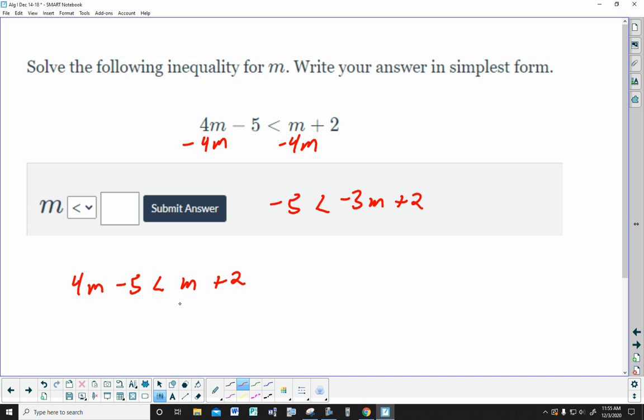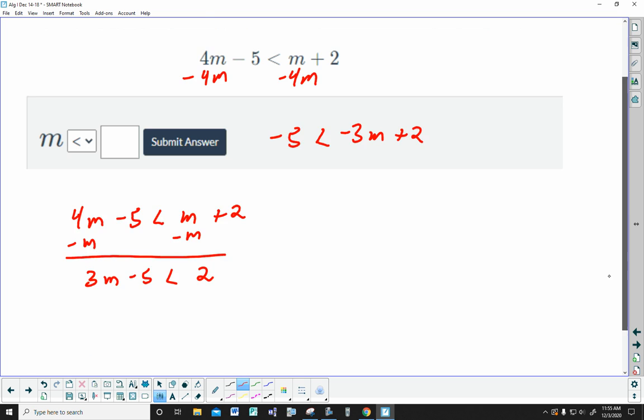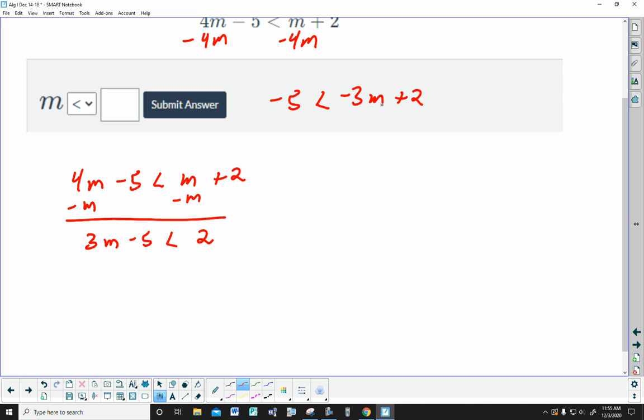This is 1m. If I subtract that m from both sides, I end up with a positive coefficient, so I don't have to flip the inequality. It's not wrong doing that, but I think it's easier if you don't have to worry about flipping the inequality.